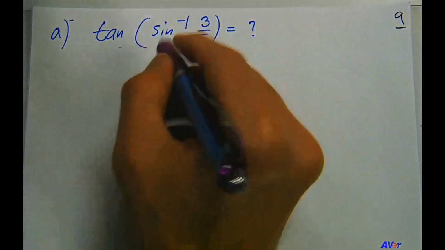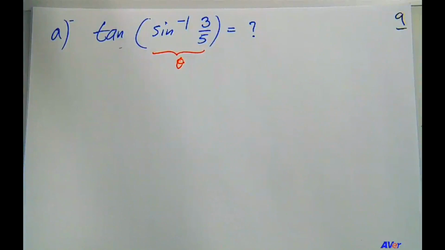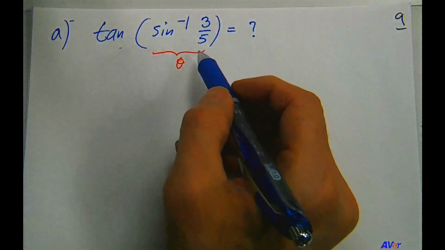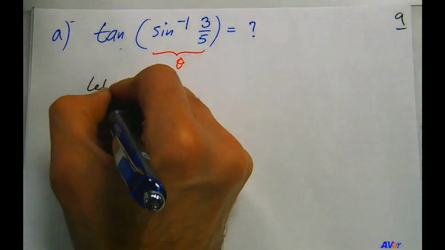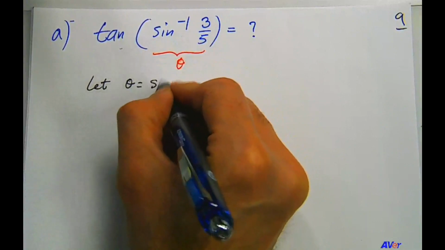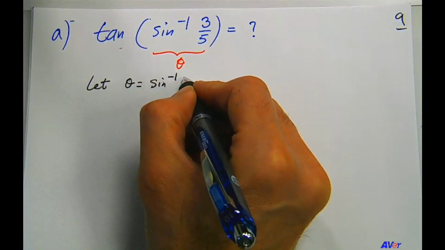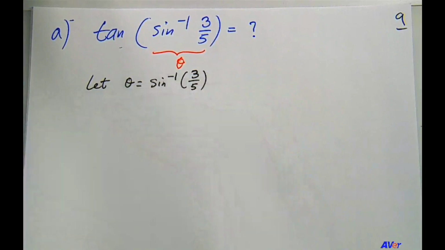So this represents an angle, okay? So we can write that down. We can say, let theta be that inverse sine of 3/5. Okay.